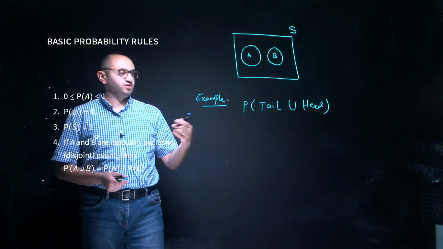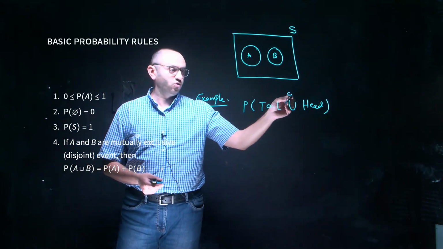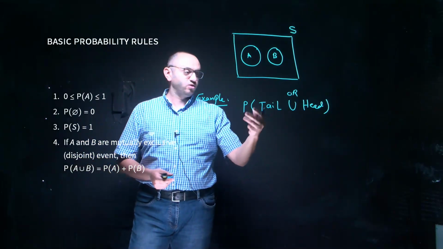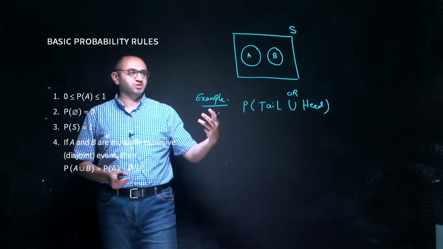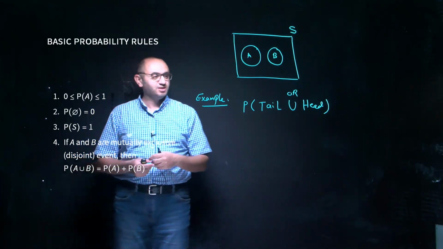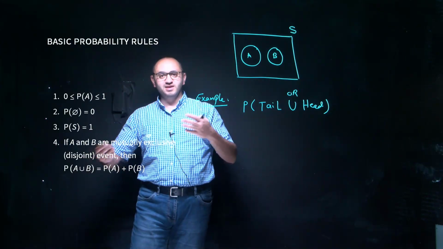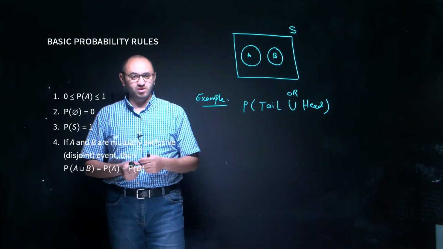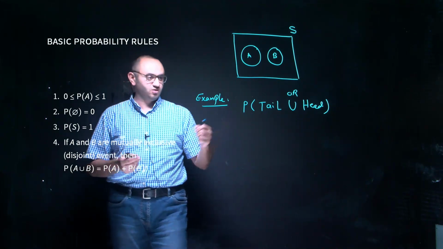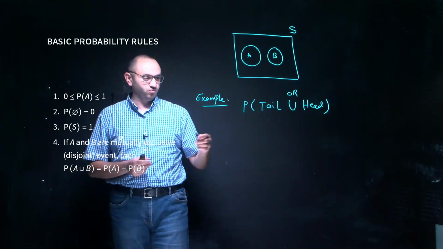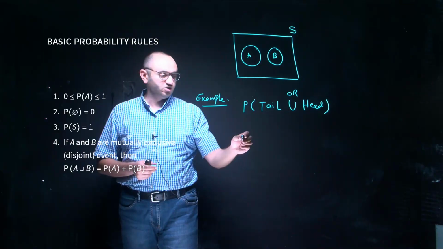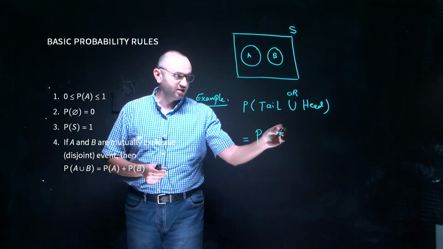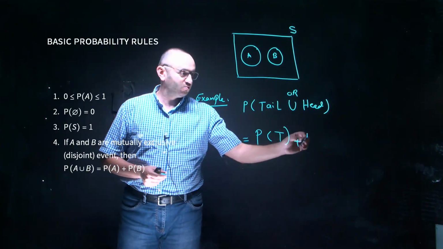The two events are disjoint or mutually exclusive because there is no way to get overlap or common elements in both of them. Because they are disjoint, this means probability of tail plus probability of head.